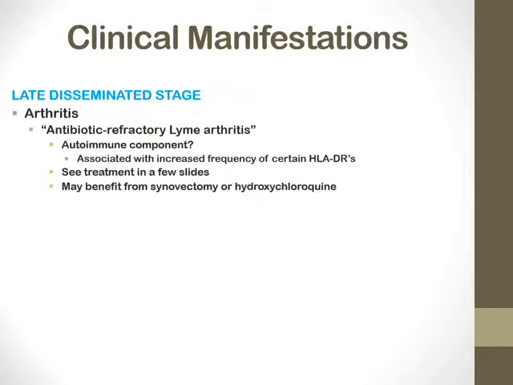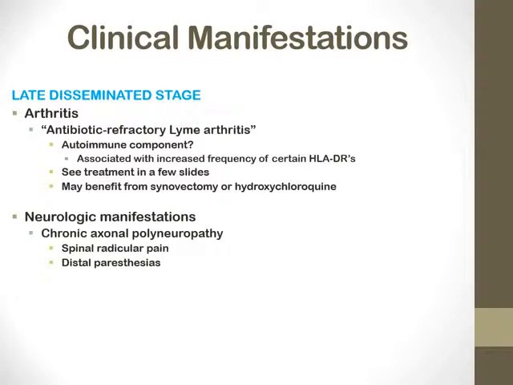I'm going to mention this again when we talk about some of the treatment approaches for patients with Lyme disease. But certain HLA haplotypes seem to be overrepresented in these patients who suffer from chronic arthritis after Lyme disease. Now, I just want to take a minute to mention this is definitely arthritis, not multiple arthralgias. These are very objective clinical findings.